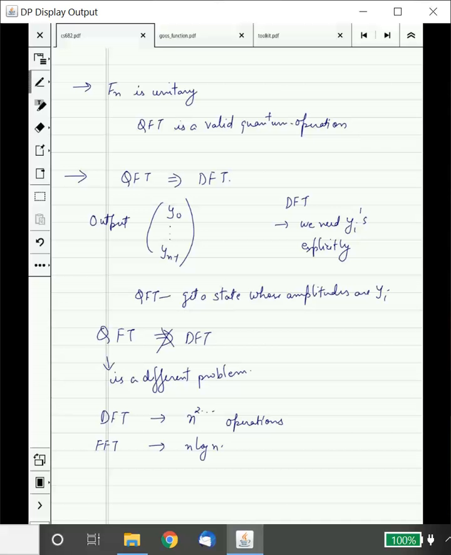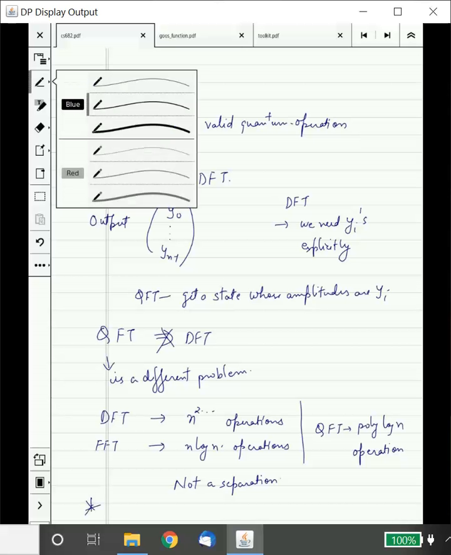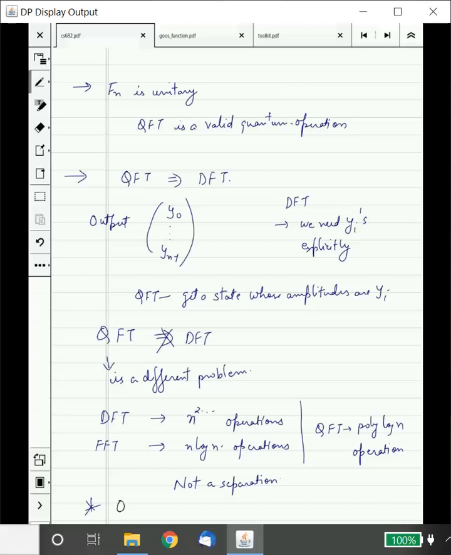It can use n log n operations. On the other hand, QFT only needs polylog n operations. We are going to describe a circuit for it. But notice a stark difference; this is not a separation. The reason is that QFT is not the same problem as DFT. Let me write in red to emphasize this. QFT is not the same problem as DFT.